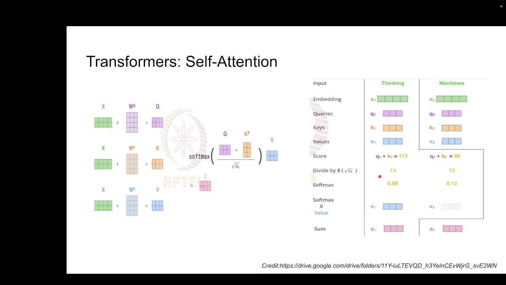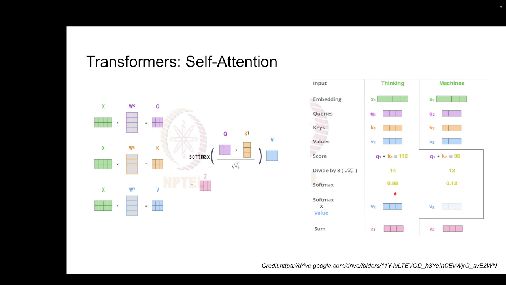That means that for the x1 vector, we are trying to calculate how important x1 itself is, and how important x2 is for understanding the meaning of x1. So x1 is similar to itself with a 0.88 score, and x2 has a similarity weight of 0.12 with x1.